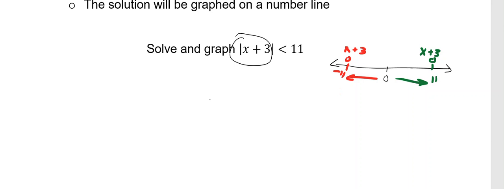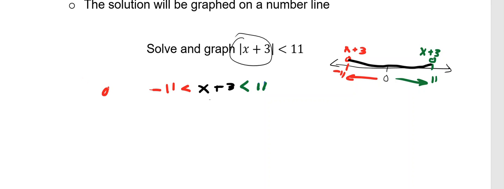Think about what we're beginning to have shape up here. We're beginning to get a line segment. My graph is a little out of whack there, but we'll fix that. Essentially, our absolute value, x plus 3, is never further away than 11 to the right, and also never further away than 11 to the left.